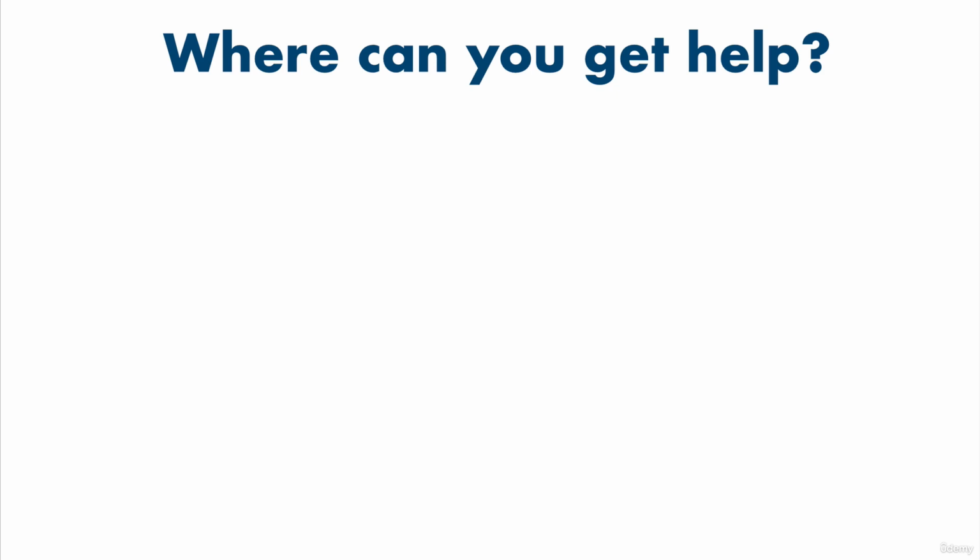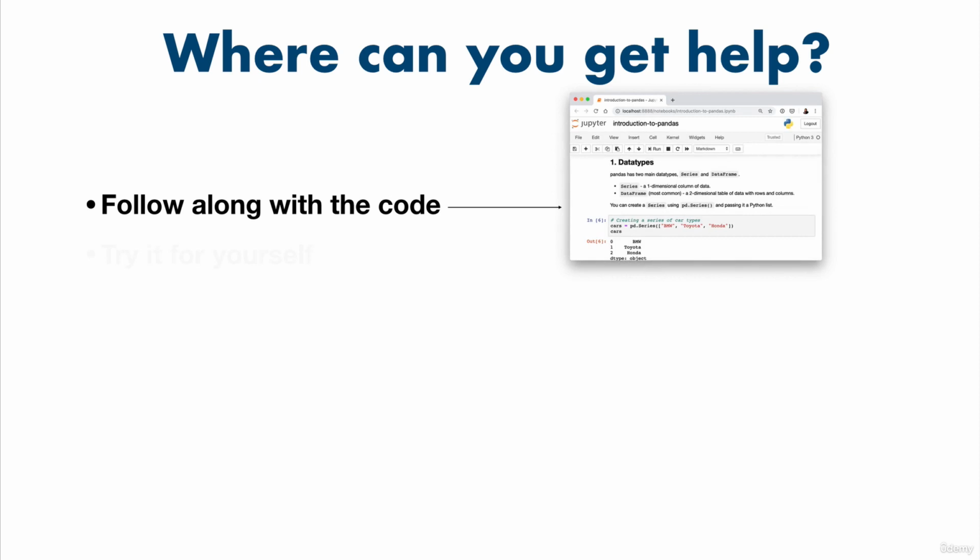So I think it's important before we actually start to jump into doing the actual code is to remember where you can get help. As we go through these videos, follow along with the code in a Jupyter Notebook if you can. If you can't, while the video is going, don't worry. Just watch the video, watch it as I go through it, and then go through it on your own after the video's done.